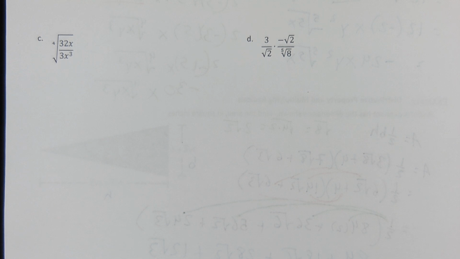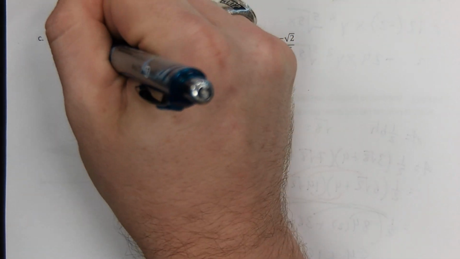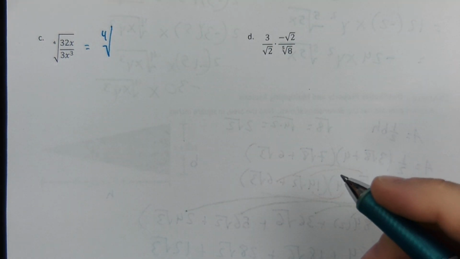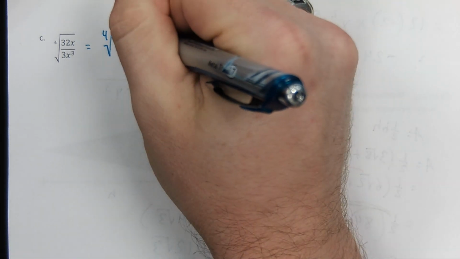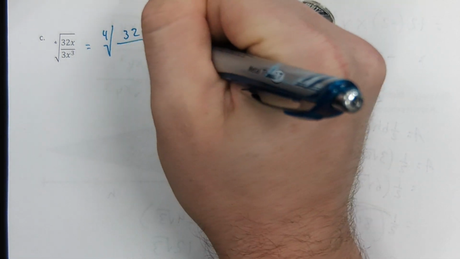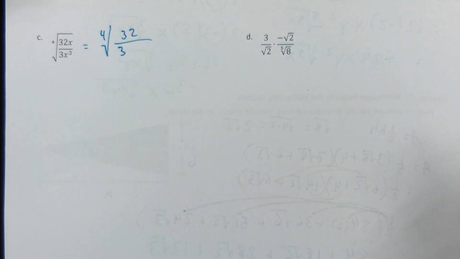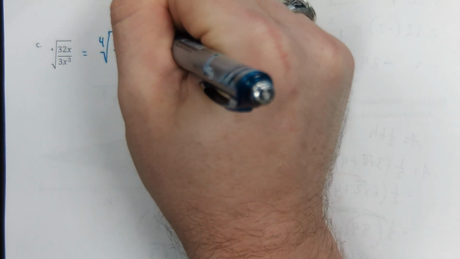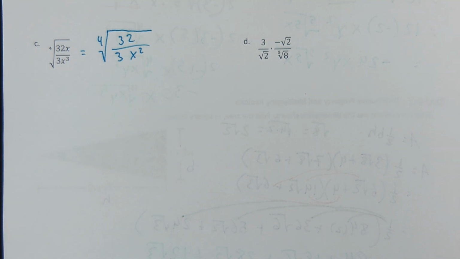Let's reduce. Unfortunately, 32 over 3 doesn't reduce. But x over x squared, or x to the third, gives me 1 over x squared. Even root, even power, bells and whistles screaming at you, alarms going off.